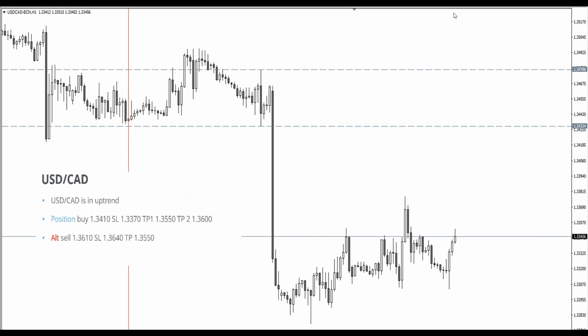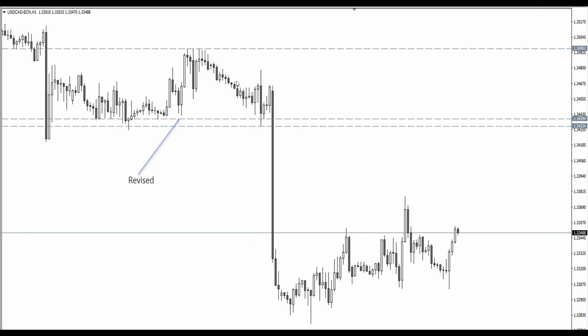Our dollar CAD trade didn't reach either of our positions. The buy position and the alternative sell haven't been reached, but then I made a revised trade a day after and told you to go long around 34.40, 34.50, and if you went long, you could have made some nice profits to the upside.